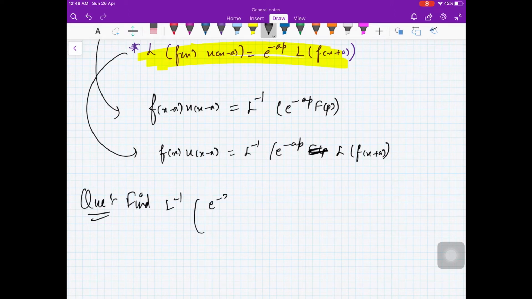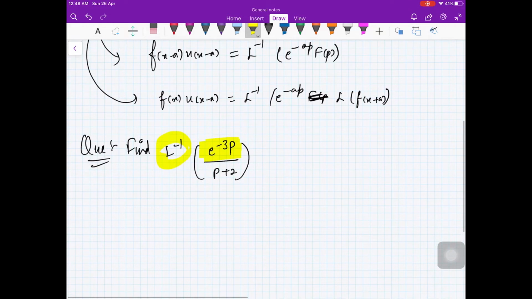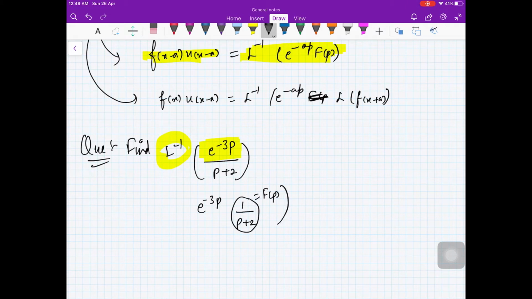Find L inverse of e raised to power minus 3p upon p plus 2. If you recall all the properties we have done for finding Laplace inverse, there is no property that helps when there is a multiplication with e raised to power minus 3p, so you have to use the second shifting theorem. Compare: this is e raised to minus 3p into 1 upon p plus 2.